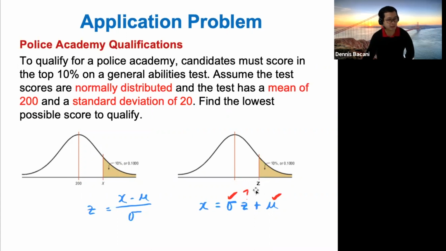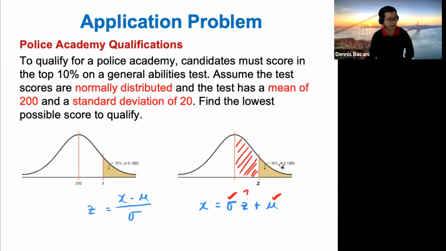So the area of z greater than this z value here is equal to 0.10. But our table only gives the area between 0 and z.